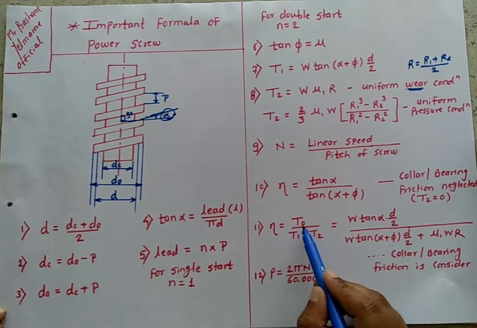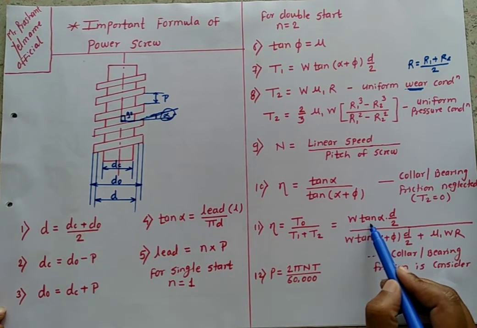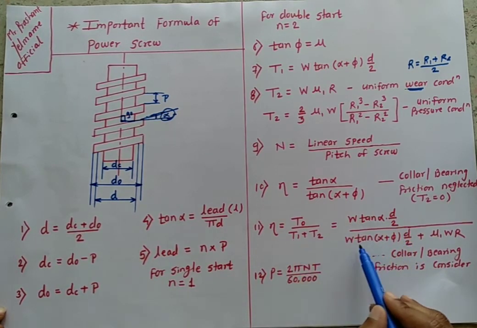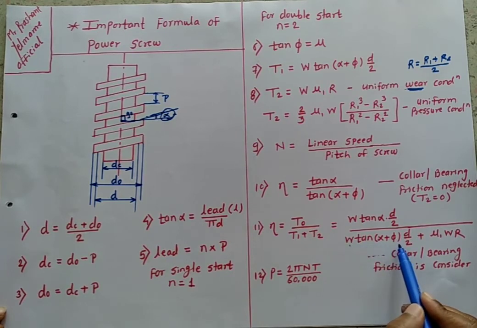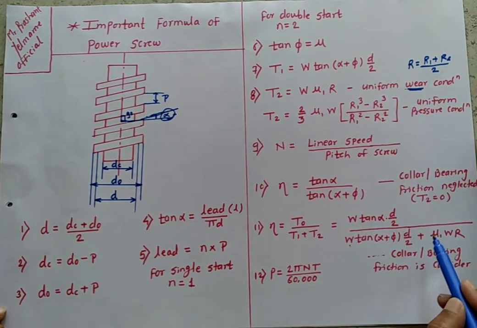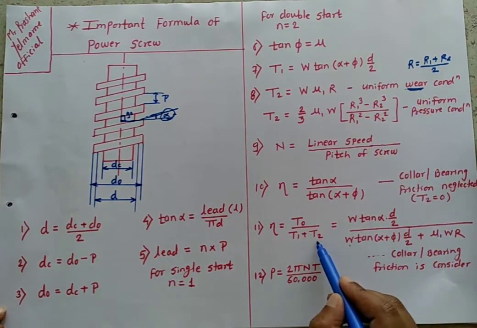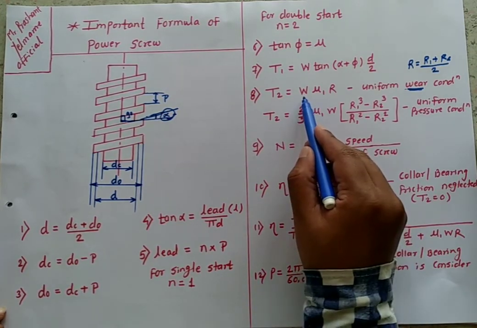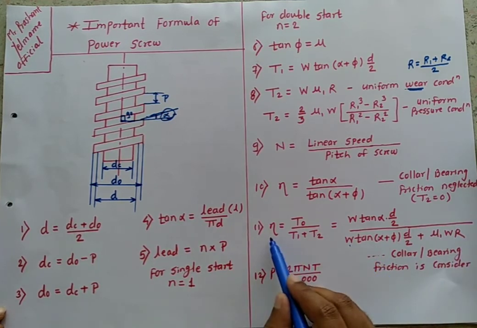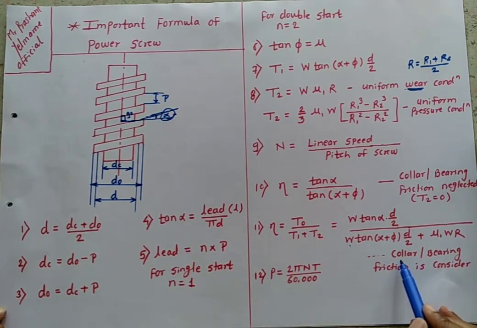The formula of T0 is W tan alpha into d by 2, and our T1 formula is W tan alpha plus phi into d by 2. Then the formula of T2 is W mu1 R. This efficiency formula is used whenever collar bearing friction is considered.